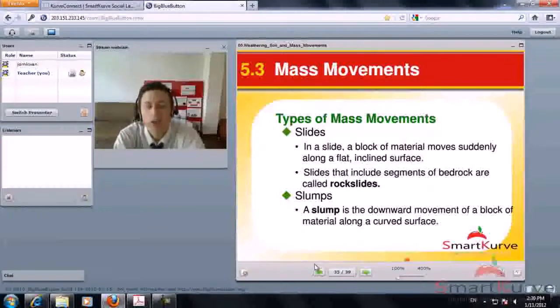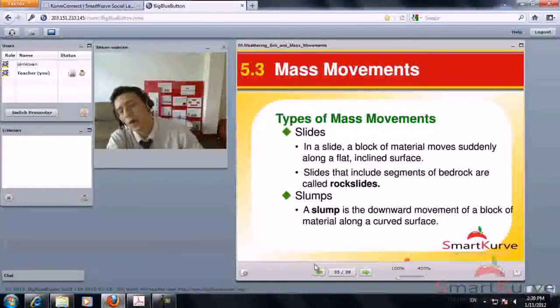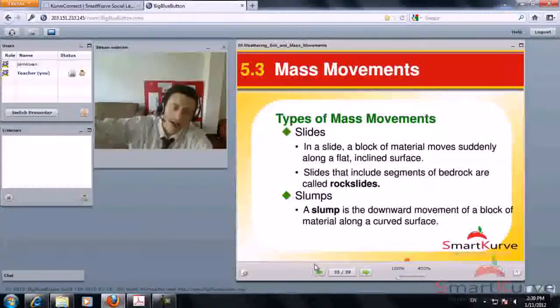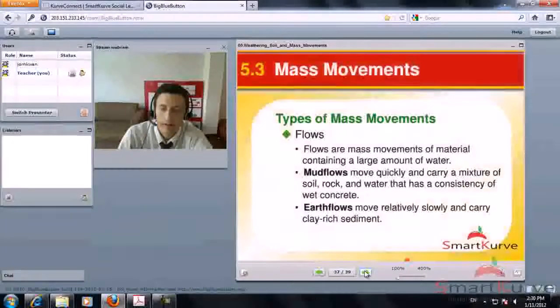We can see two main types of mass movement: a slide or a slump, that downward movement where it looks like it just collapsed. It looks like something was pulled out from underneath. That's a slump. In a slide, all that material comes rushing down the side of the mountain. Another type would be a flow.